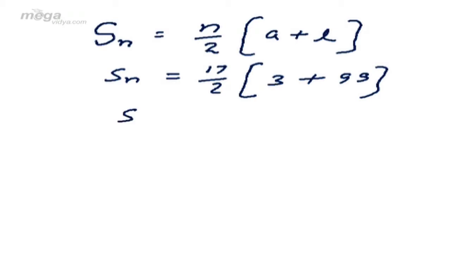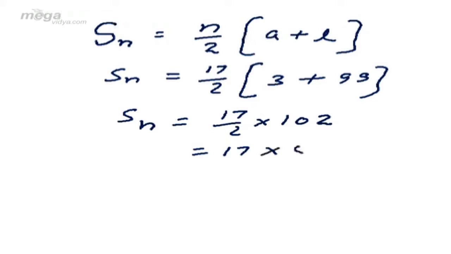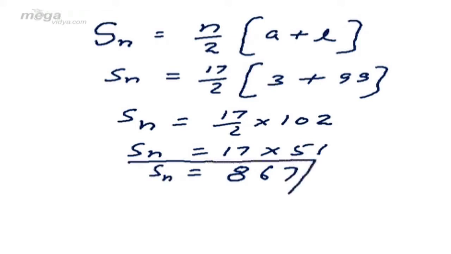Therefore, we get Sn is equal to 17 by 2 into 102. It becomes 17 into 51. This is Sn. Then we get 867. This is the method to find the sum of n terms of the AP.